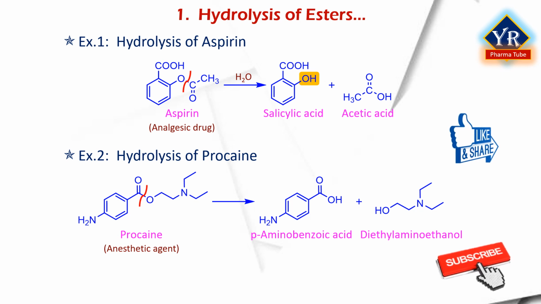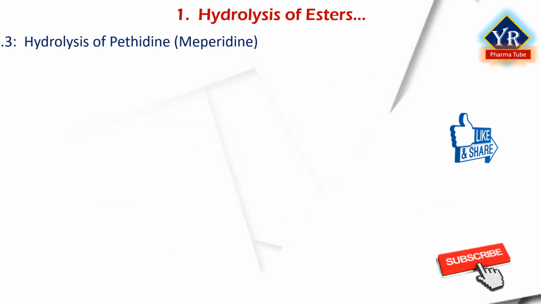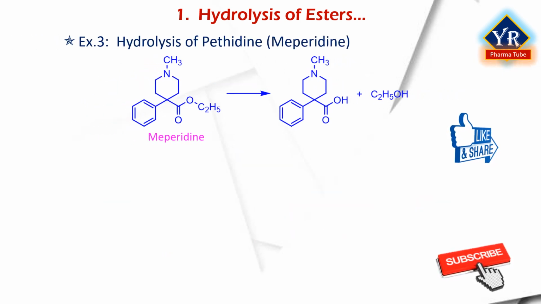reaction is catalyzed by a plasma esterase enzyme to form the corresponding alcohol and an acid. In the third example, pethidine or meperidine is hydrolyzed by the liver esterase to form its corresponding acid and alcohol metabolites.